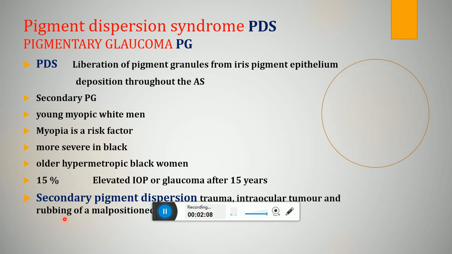So keep in mind, myopia is a risk factor. Secondary pigment dispersion can occur as a consequence of trauma, intraocular tumor, and rubbing of a malpositioned IOL on the iris pigment epithelium.